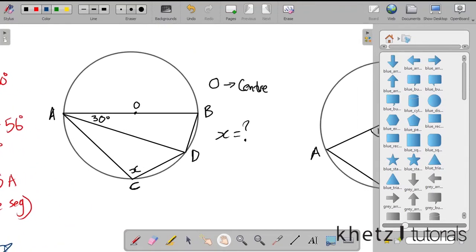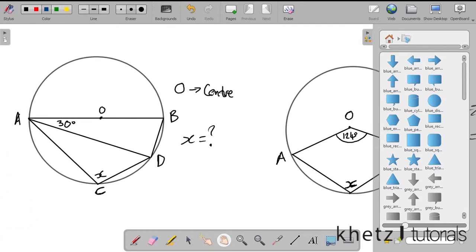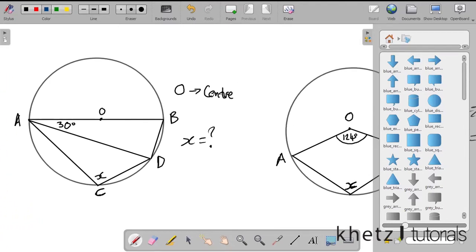So this is the next one that we have with us. And we are asked, so let's first analyze the diagram. At first you'll see that all the vertices are actually found on the circumference of the circle.